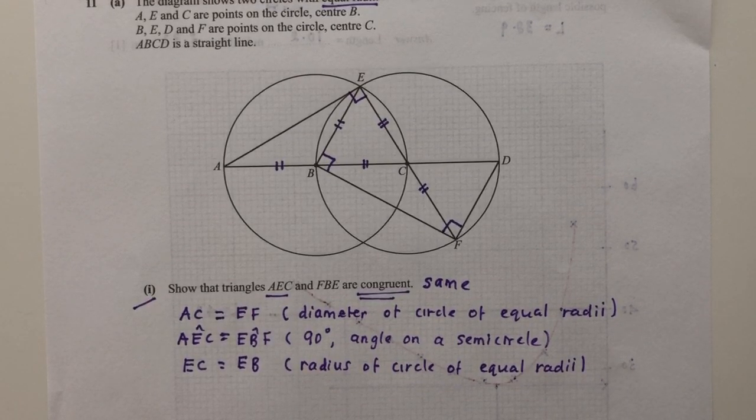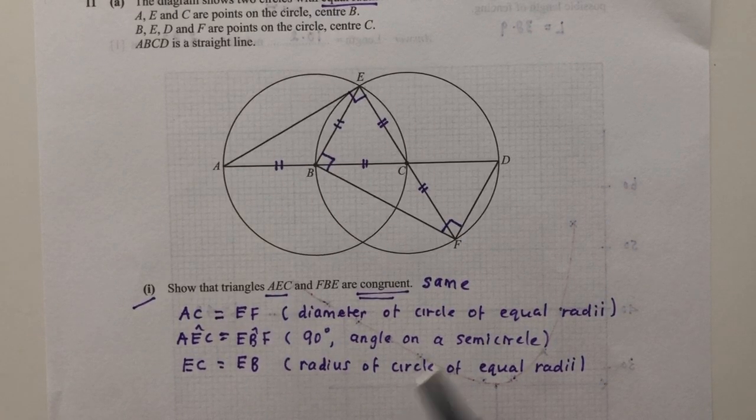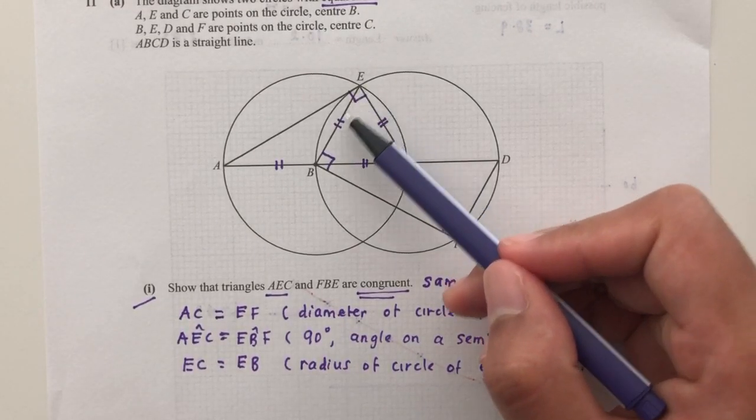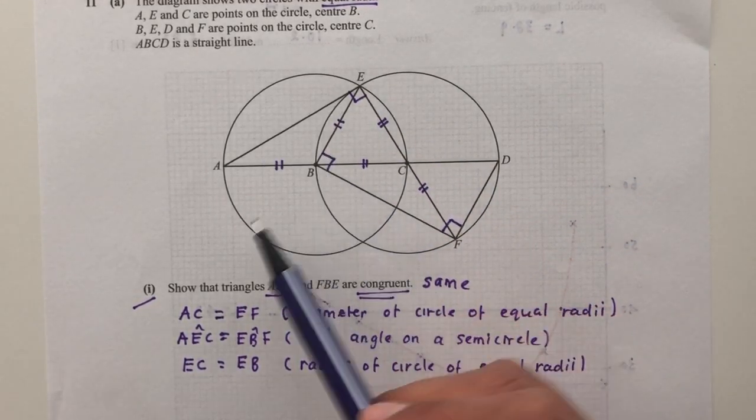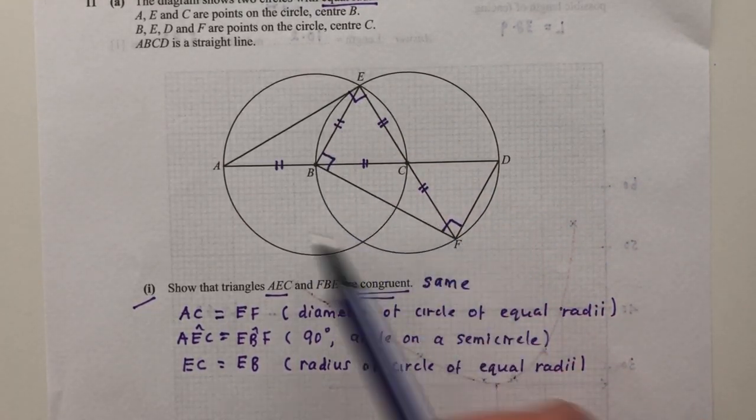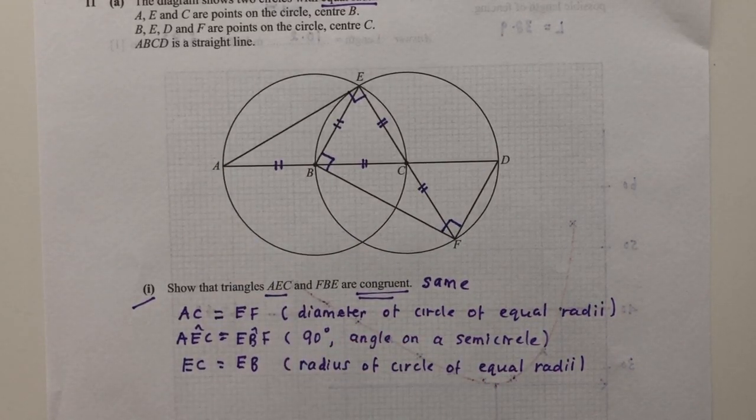So we have shown this part, and what else can we show? Since we have shown that this side and this side are the same, and this is a right angle triangle, this one will also be the same by using the Pythagoras theorem.